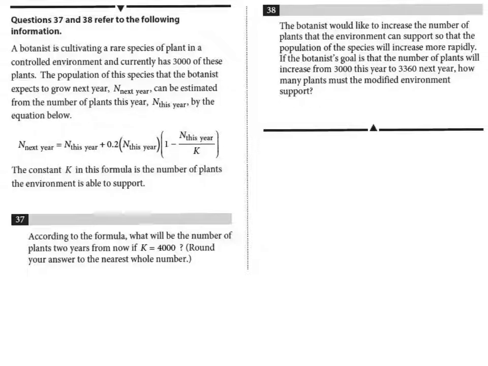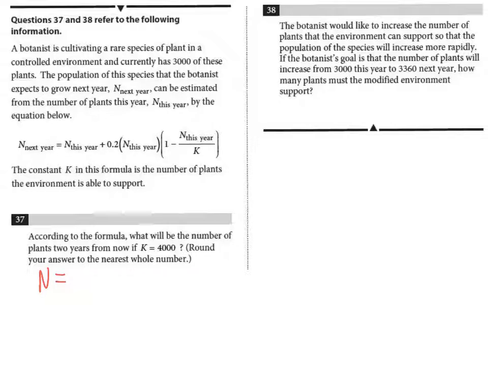Okay, so just going to be applying this formula, and if we're going to be 2 years from now, we're going to have to apply the formula twice. What we are going to end up with next year is based on this year.